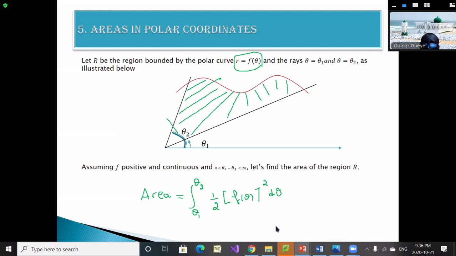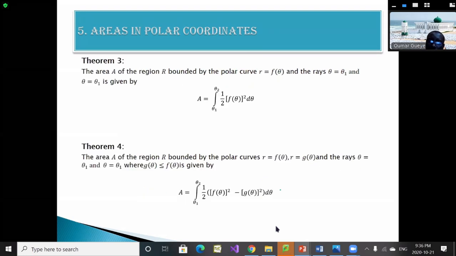So anytime you have a polar curve and the range of values for theta, and you want to calculate the area bounded by the curve when theta is in the range theta 1 to theta 2, you have to use this formula. And that's exactly what is given here by this result, term 4(3). That's what I showed you before.